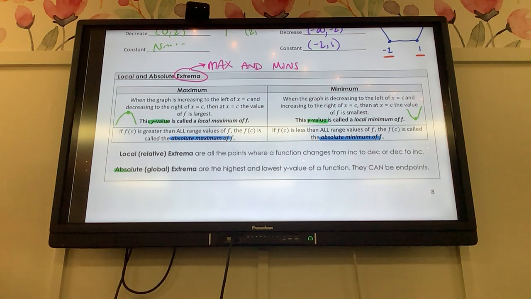So if we're saying that your point here is greater than all the other range values, all right, so it's bigger than everything else, it's called an absolute max. And if your point here is less than all the range values, it's an absolute min.